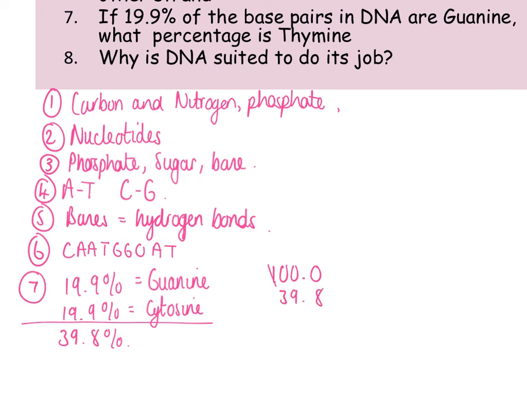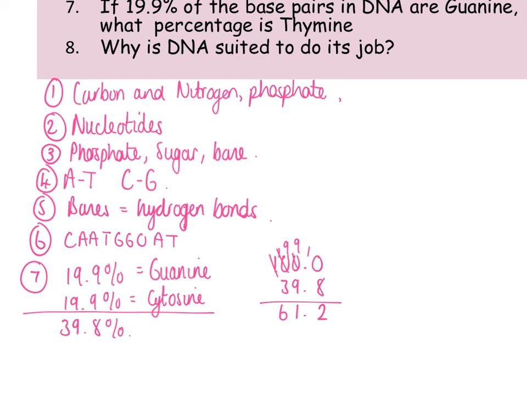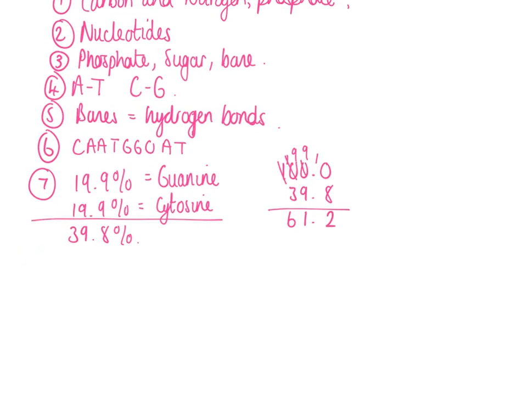So out of a possible 100%, we're going to minus that. So we have 61.2% left. Now we're going to look at that thymine, but that has to be divided by 2 because if we've got so much of thymine, we have to have the exact same amount for adenine.